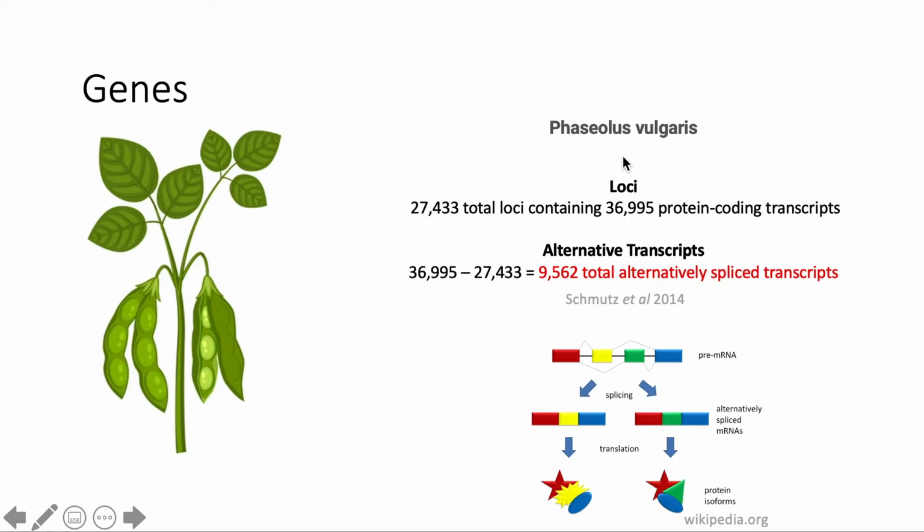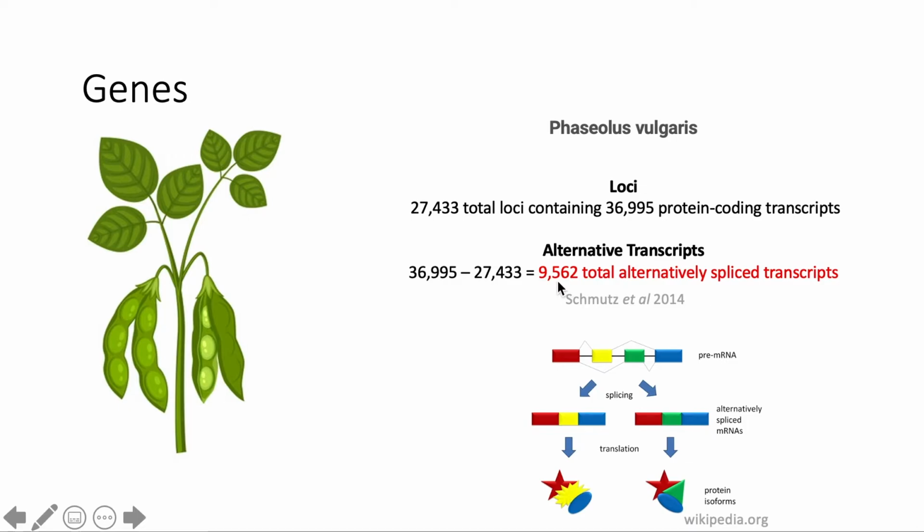And that is so important because if we talk about Phaseolus vulgaris, in total 27,000 loci have been identified, but there are almost 37,000 protein coding transcripts. That difference in numbers is because Phaseolus vulgaris has 9,562 total alternative splice transcripts.